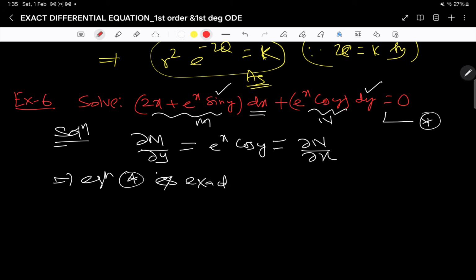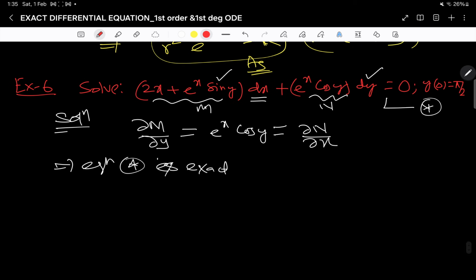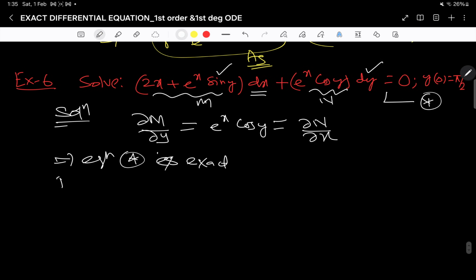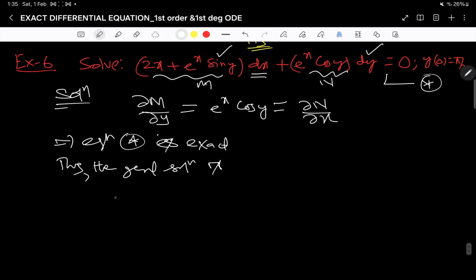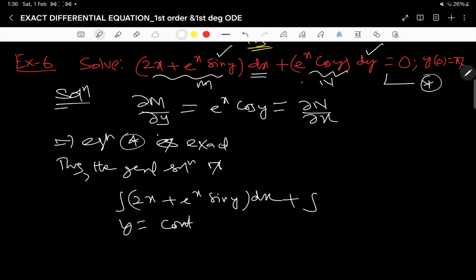Also one initial condition is given here, y(0) is π/2. So therefore the general solution is the integral of (2x + e^x sin y) dx, treating y as constant, plus here there is no term free from x, so 0 dy, is equal to c1.